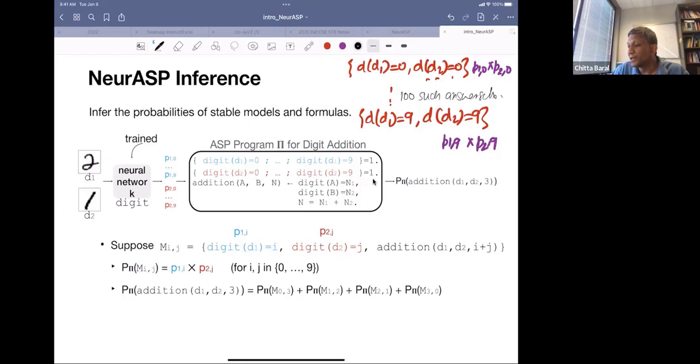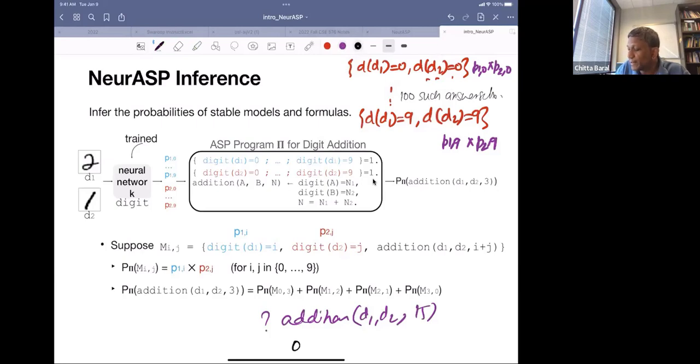Suppose I ask the question: is the addition of D1, D2 equal to 15? The outcome will be a probability.